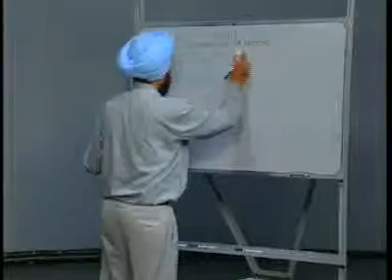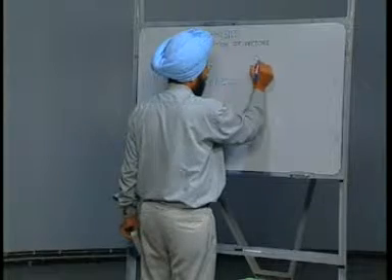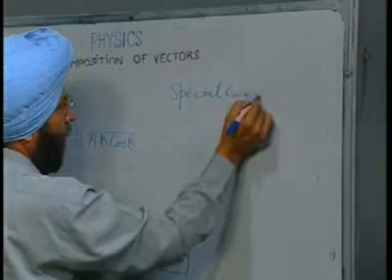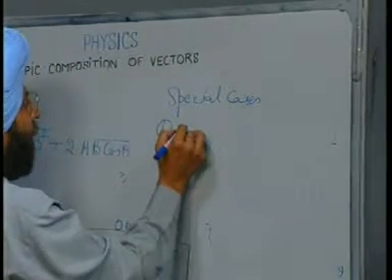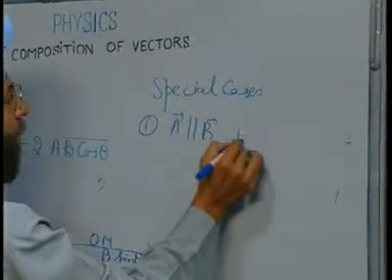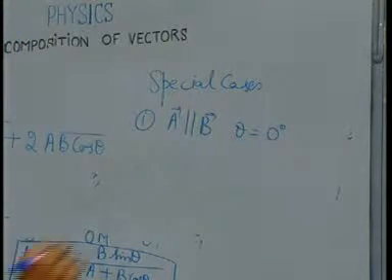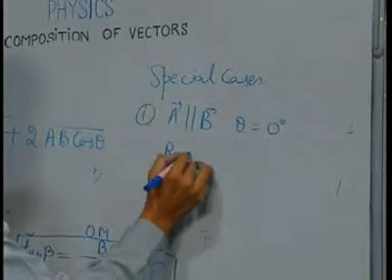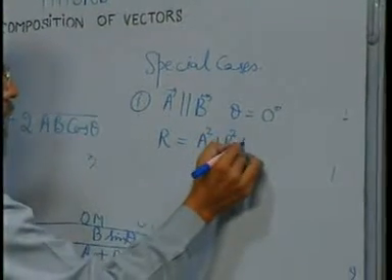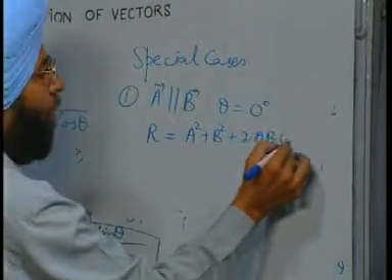Now, we will use these for different cases. We discuss special cases. Number one case is when A and B are parallel, theta is equal to 0 degree. So, in this case R is equal to the square root of A square plus B square plus 2AB cos 0 degree.